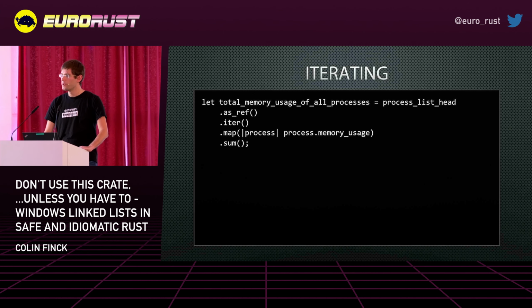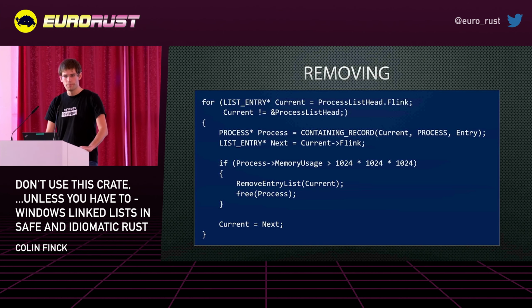Now let's look at removing elements, which is even more complex in the C original. I already had to remove the one condition from the for loop, because the next pointer, or the flink pointer, may not be valid anymore as soon as I have removed it from memory. So a lot that can go wrong here again. I need to save the next pointer before removing it.